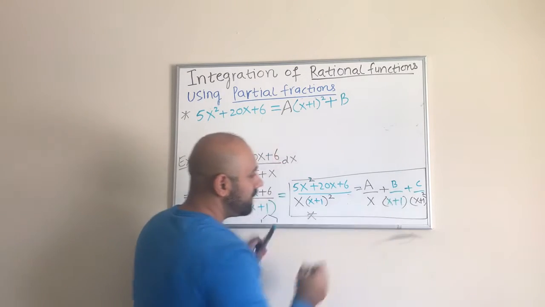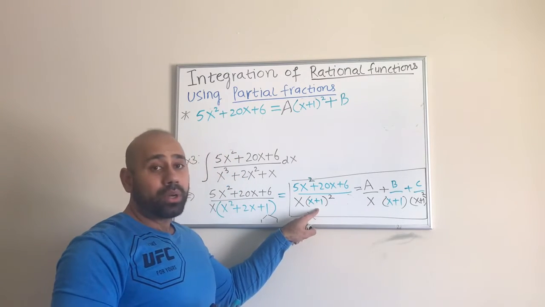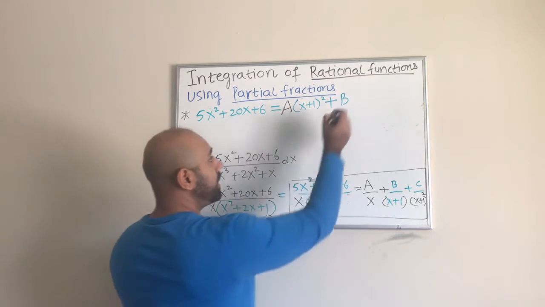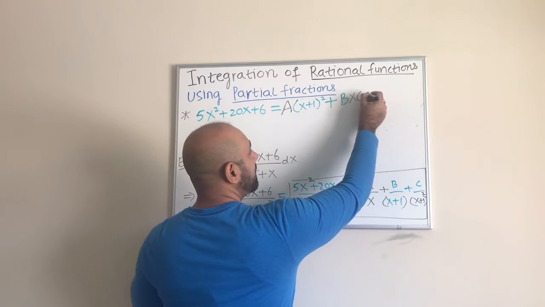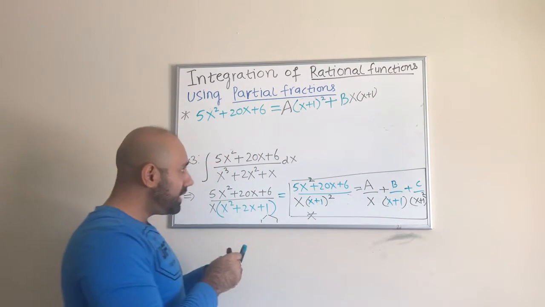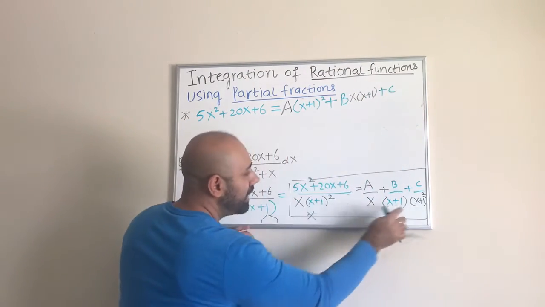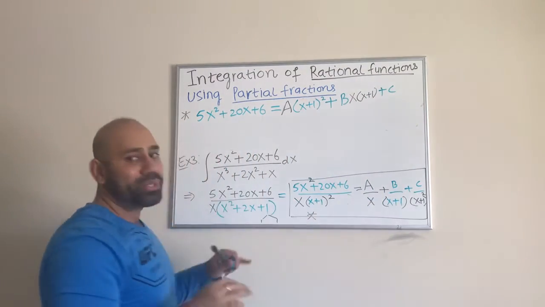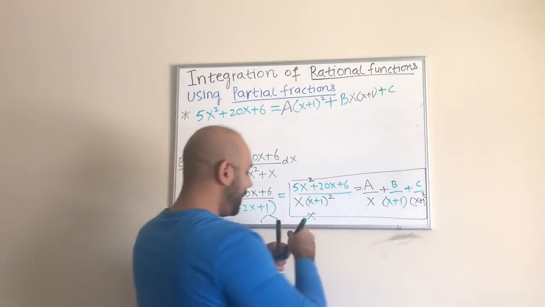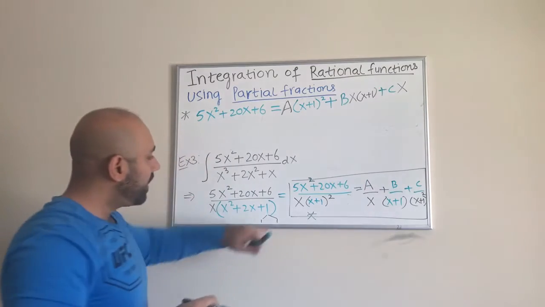We can put it in parentheses if you like. Now one of the x plus 1s will cross out, and I'm only going to be left with x times x plus 1, because it's a square, so one of those will cross out. Then with the c, I think c is going to be the easiest one, because with the c, x plus 1 squared and x plus 1 squared are going to cross out, and I'm only going to be left with just the x. That's it, guys. We got rid of the denominator.